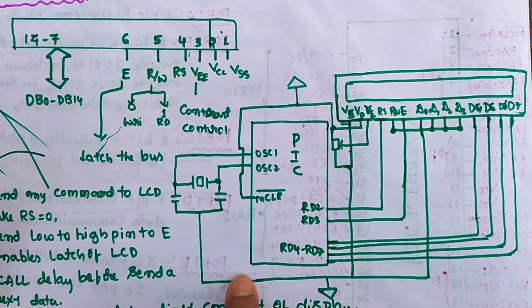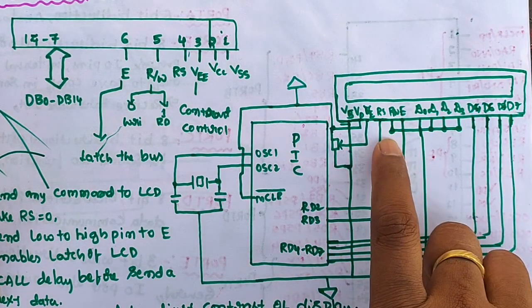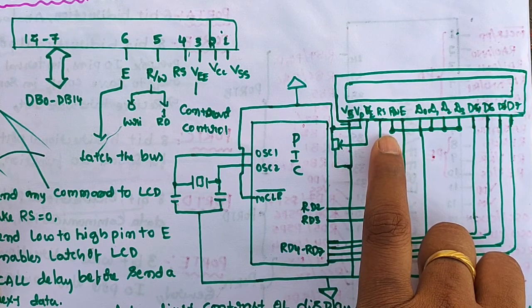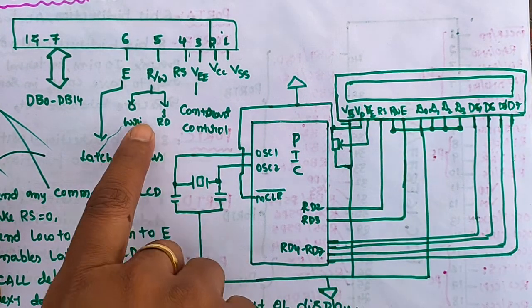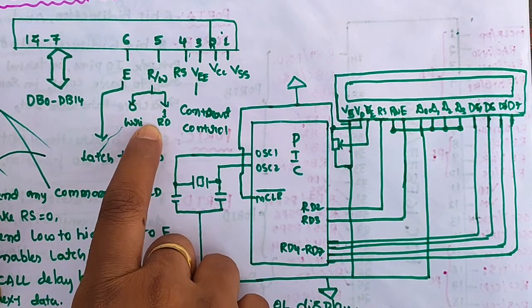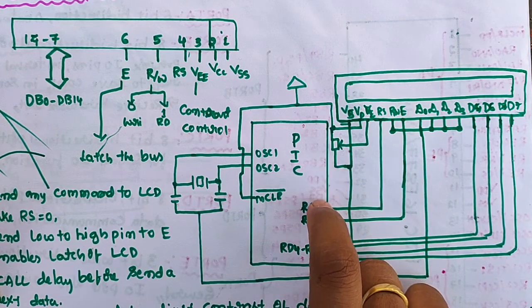One more pin, the read and write pin, is also connected to ground. That indicates that it is connected to 0, so we are going to write the information to the LCD.